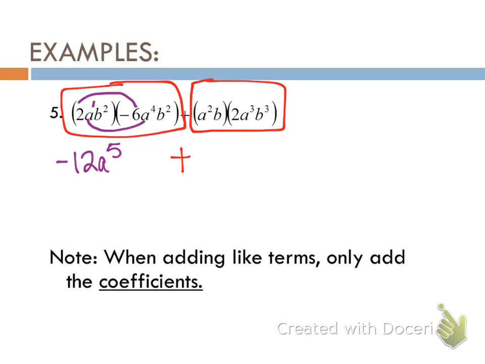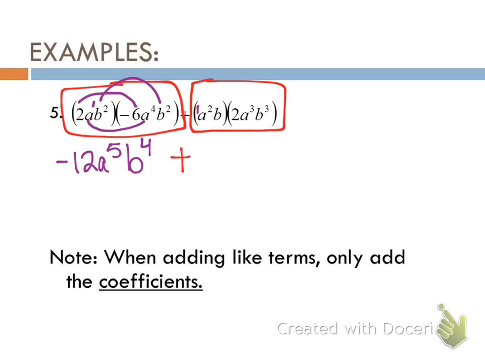Finally, we have to take b squared times b squared. Good. B to the 4th. 2 plus 2 is 4. Now we jump over to the other side. What are we going to multiply by this 2? A 1.